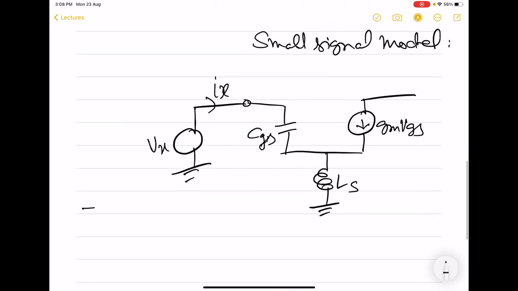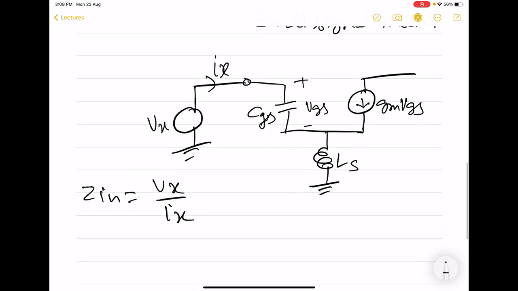So what we want to know is this Zin, which is going to be Vx by Ix. There will be certain current here, which we will call Im.